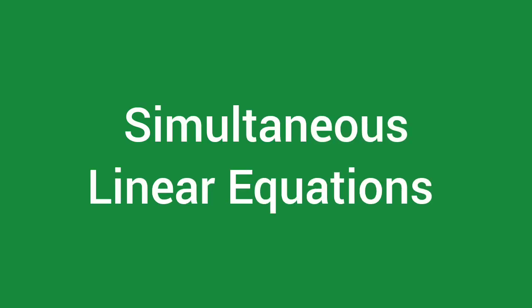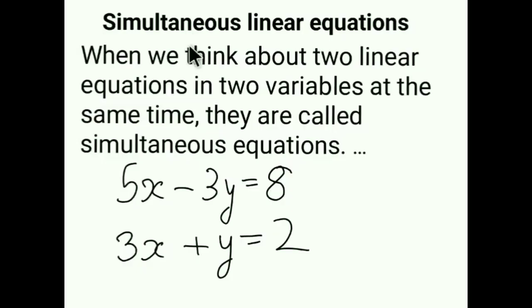Next we will see what simultaneous linear equations are. When we think about two linear equations in two variables at the same time, they are called simultaneous equations. See here, there are two linear equations. The first equation is 5x minus 3y equal to 8 and the second equation is 3x plus y equal to 2.